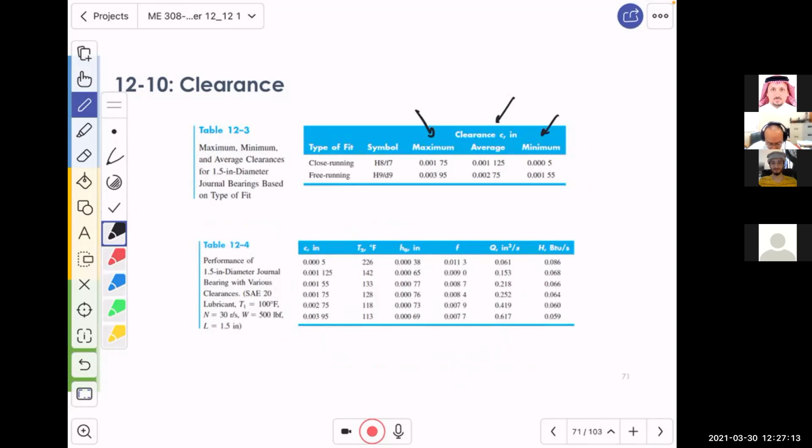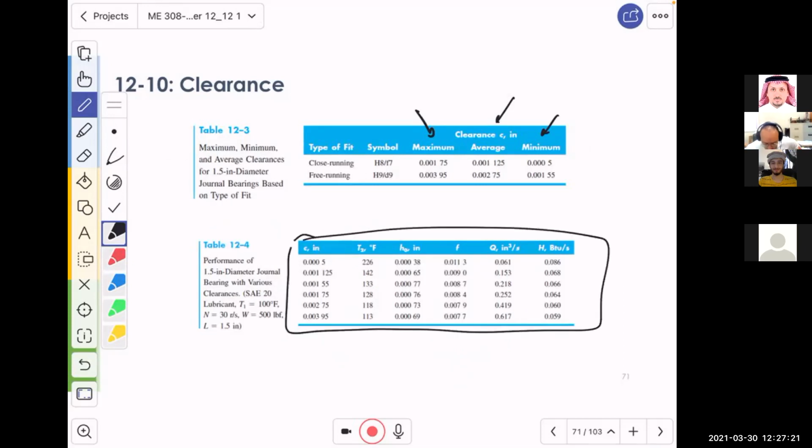And we also have some calculated analysis on a bearing with a journal size of 1.5 inches, SAE 20 oil, with this temperature, load, length, R, and speed.